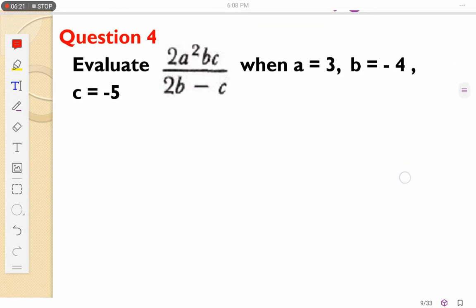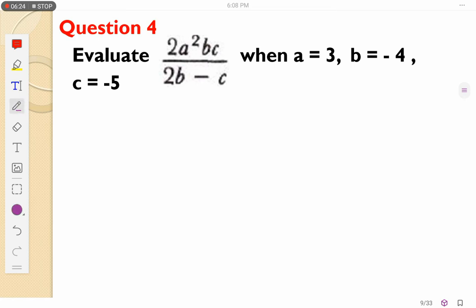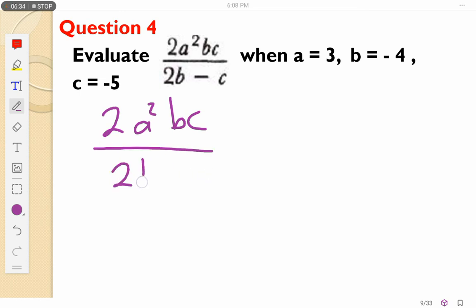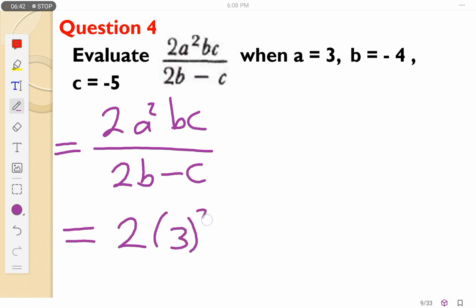Let's have a look at another question. This one we have got 2 by a squared, bc over 2b minus c. Let's substitute what we have. I have got 2 by a is 3 squared times our b is minus 4 times our c is minus 5.